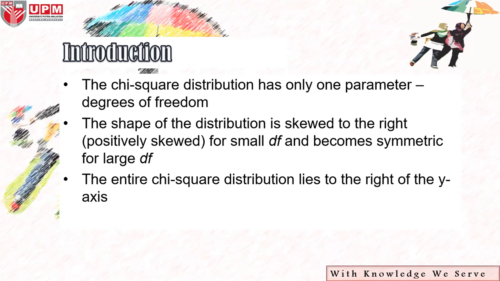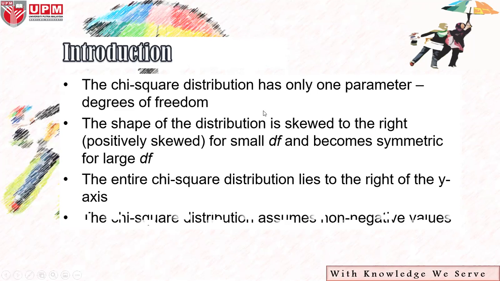Sebab tu tadi saya kata dia sebenarnya duduk belah kanan, sebab tu dia akan ada belah y-axis saja. Dia tak akan ada sebelah kiri. Okay, dia semua belah kanan. And then the chi-square distribution assumes non-negative values, sebab all the chi-square values should be positive.